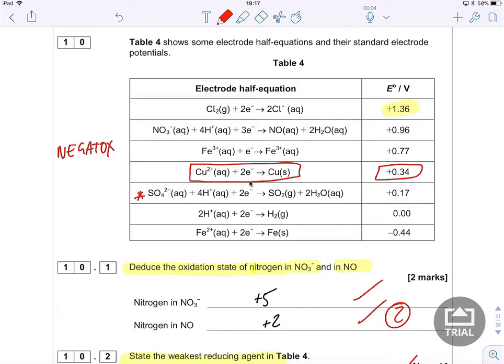The most negative value that I choose for my electrode potentials is going to be oxidized. So sulfuric acid isn't going to react with the copper because copper is more positive than it. So I need an acid that's more positive. This one's just hydrogen, which is 0, so that's no good either.